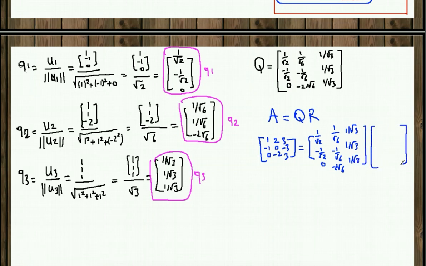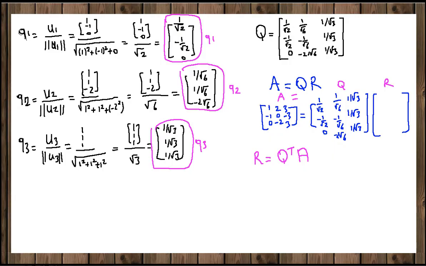And matrix R is the upper triangular matrix, which gives us matrix A if we multiply by matrix Q. And R is found by Q transpose times matrix A. Q transpose multiplied by A will give us R, which is the upper triangular matrix.